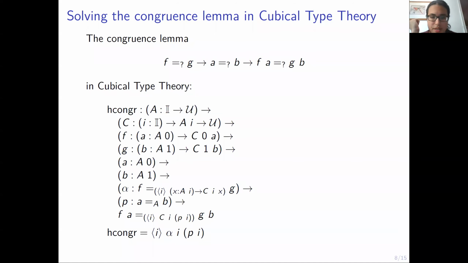Anything else? Anyone? You know, the funny thing about congruence laws and funext and so forth is that in cubical type theory, it's often much harder to write the type of these lemmas than to actually prove them. Yeah.